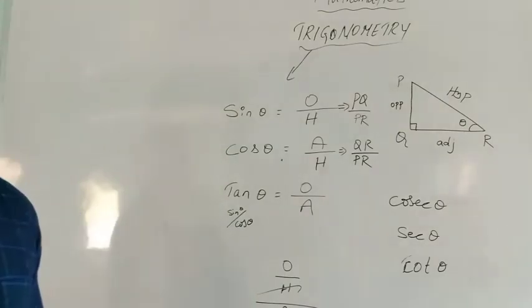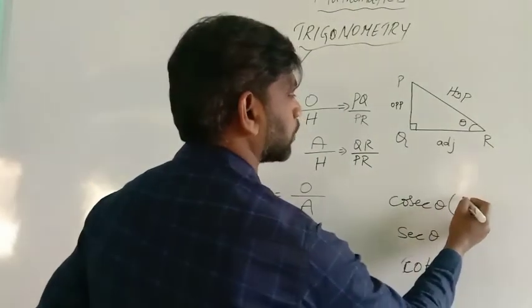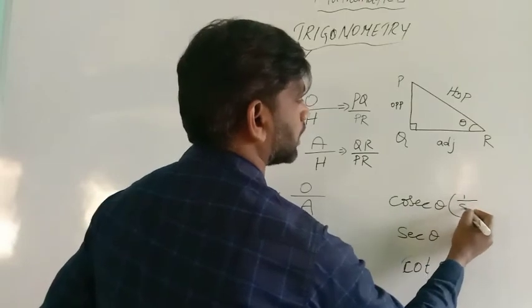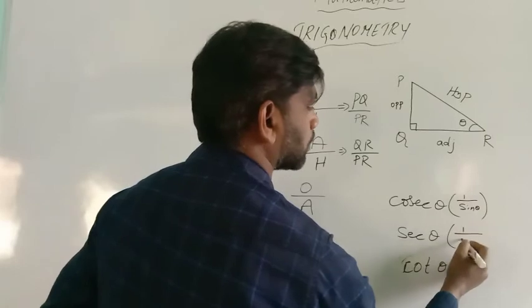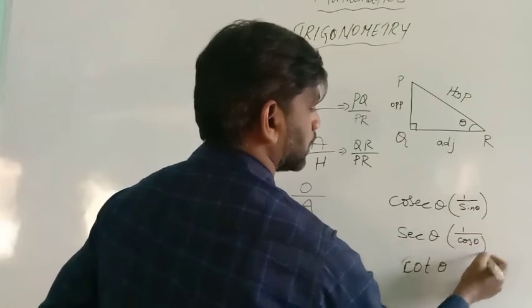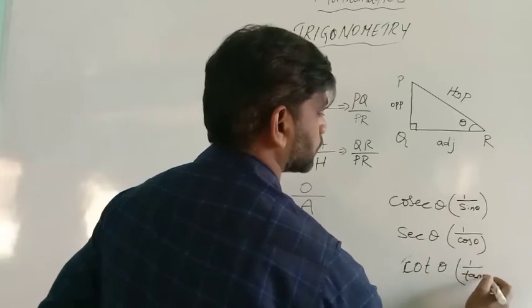Cosecant is the reciprocal of sin theta, 1 by sin theta. Secant is 1 by cos theta, and cot theta is 1 by tan theta.